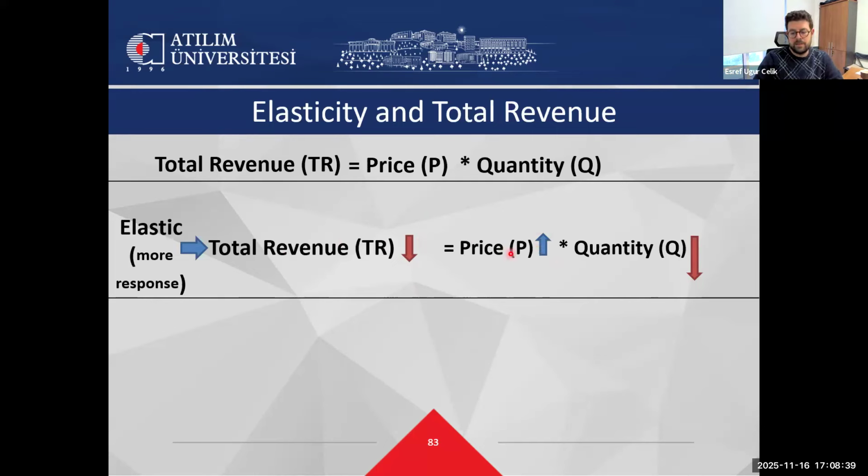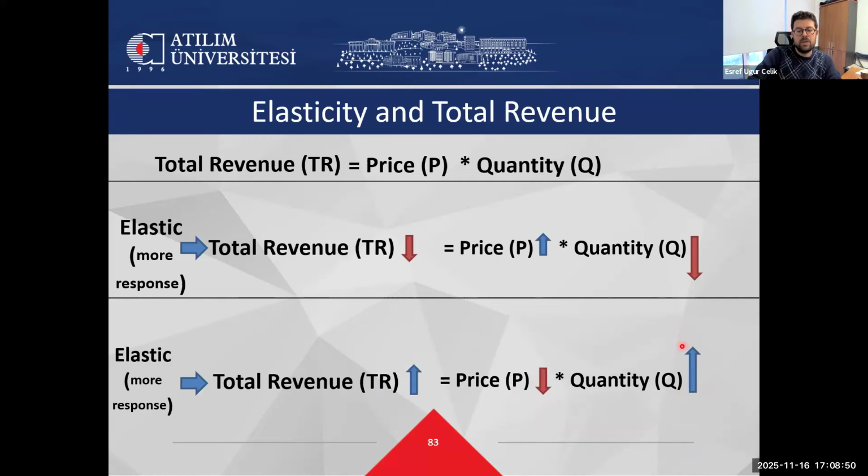Vice versa, when price falls, the quantity increases more than the price decreases, so total revenue increases. The competition is too high, so when you decrease the price, you gain total revenue.